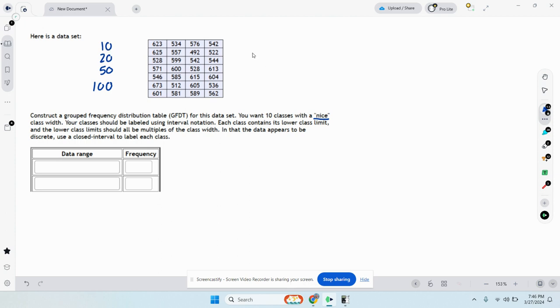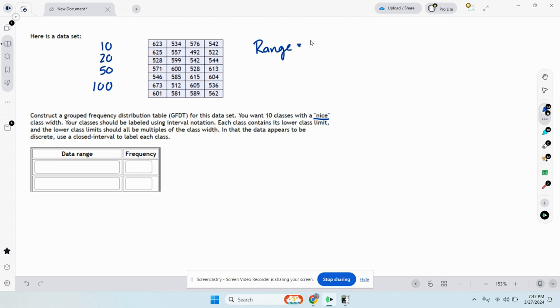So the first thing you always want to do with these problems is find the range. If I want to find the range, I have to search through and find the largest value, which looks to be, let's see here, 673.